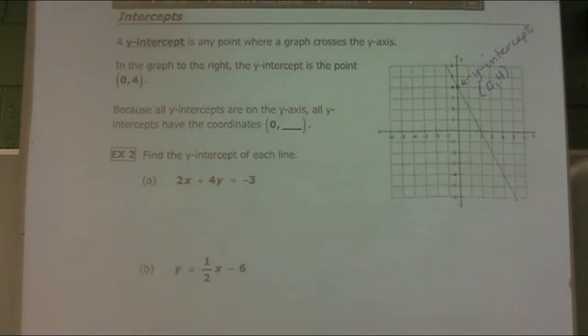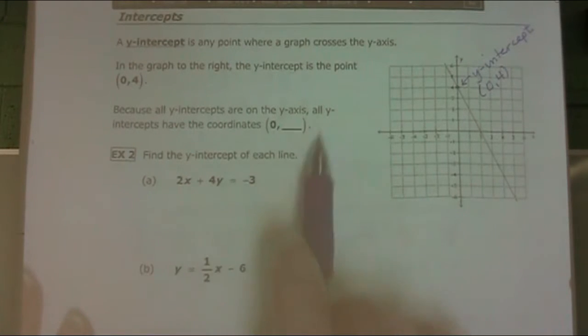In the graph, it's where it intercepts the y-axis, where it crosses the y-axis. Now, because all y-intercepts are on the y-axis, all y-intercepts have these coordinates. The x-coordinate is 0, and the y-coordinate is the number where the graph crosses.